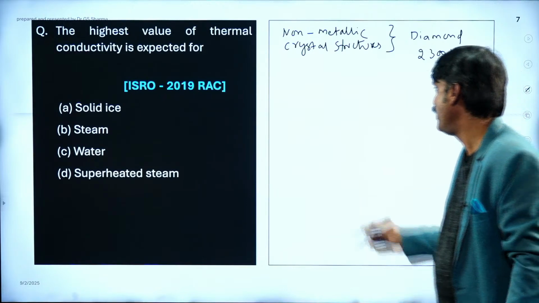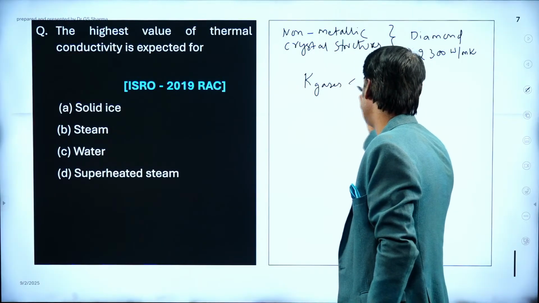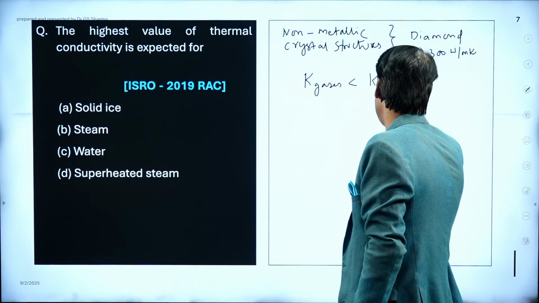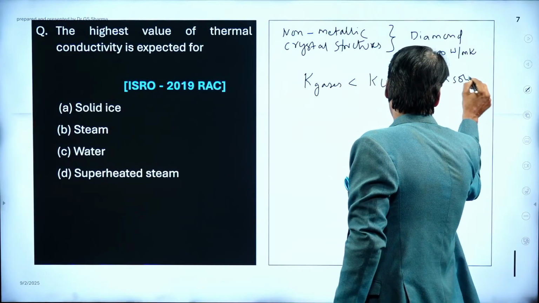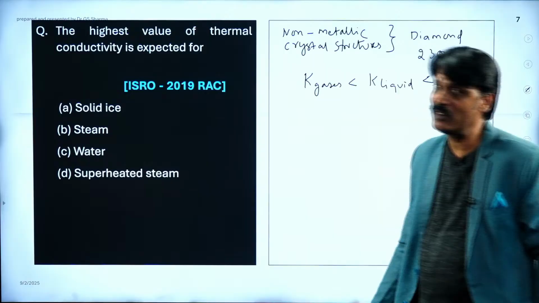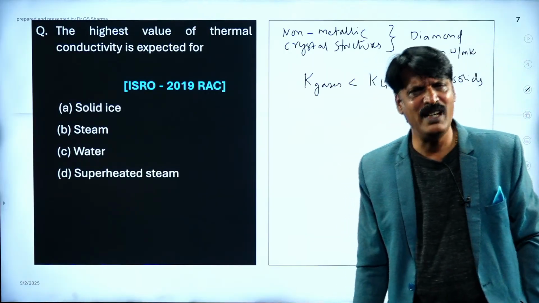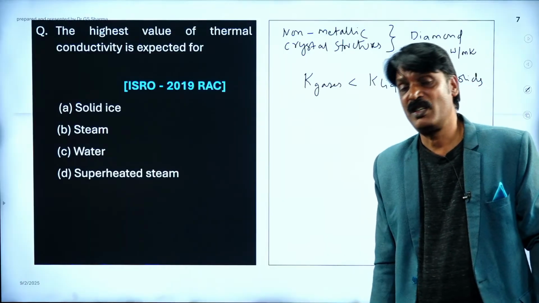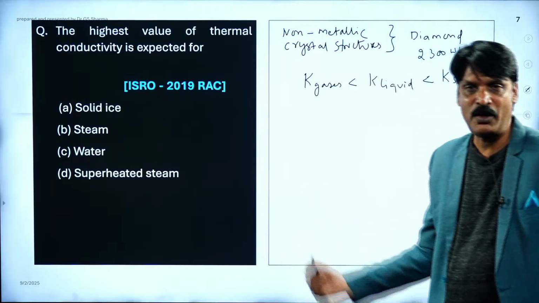That means thermal conductivity of gases is less than that of liquids, which is less than that of solids, because conduction is observed in all three states of matter, because of molecular collision. Intermolecular energy interactions are your conduction.